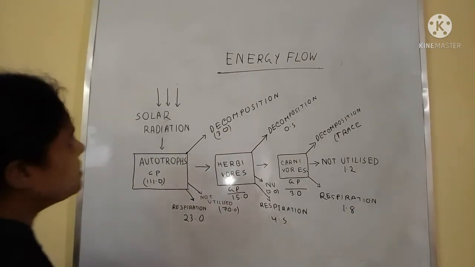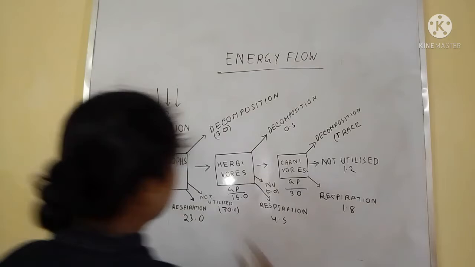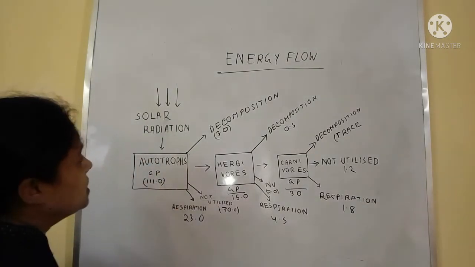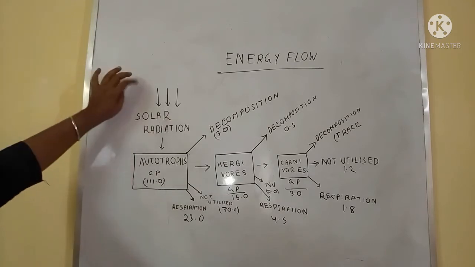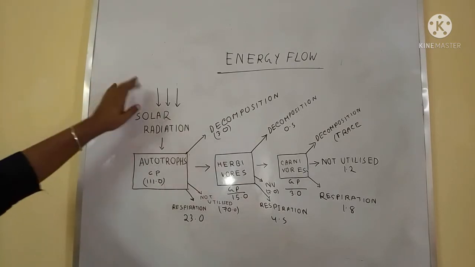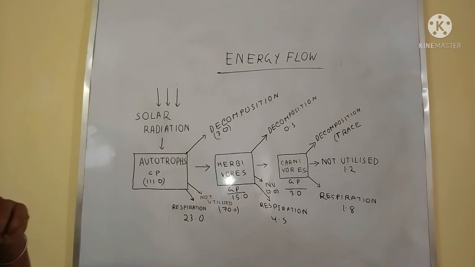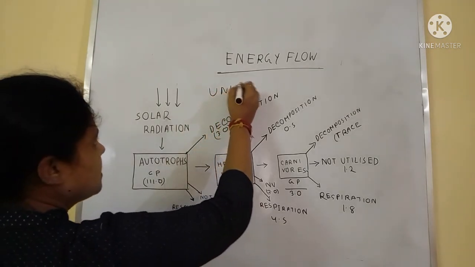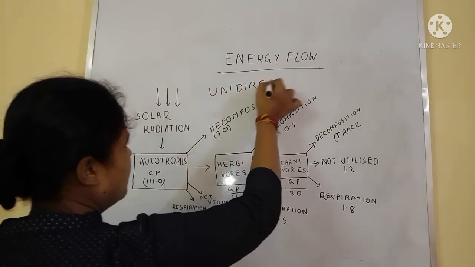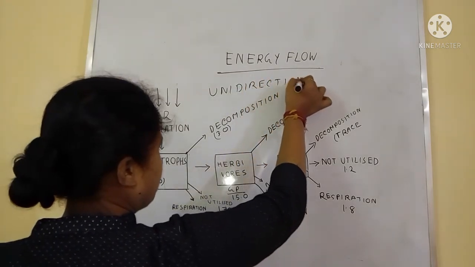Okay. Now let's talk about the energy flow. The energy flow begins from solar radiation. It is a unidirectional method.